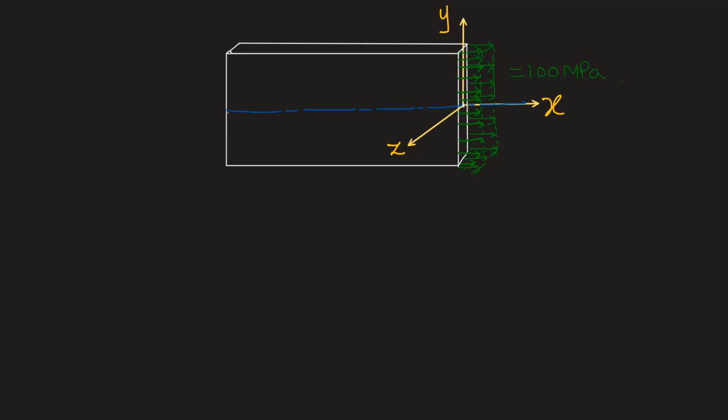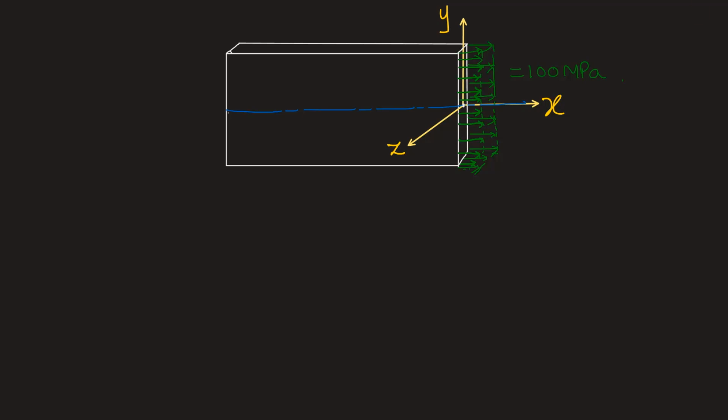Now in the question it is said that this sheet is subjected to uniform uniaxial tensile stress. So the uniaxial tensile stress is shown on the cross-sectional area and it is having a uniform value of 100 megapascal throughout the depth. We are being asked to find out the principal strains in the plane of the metal sheet.